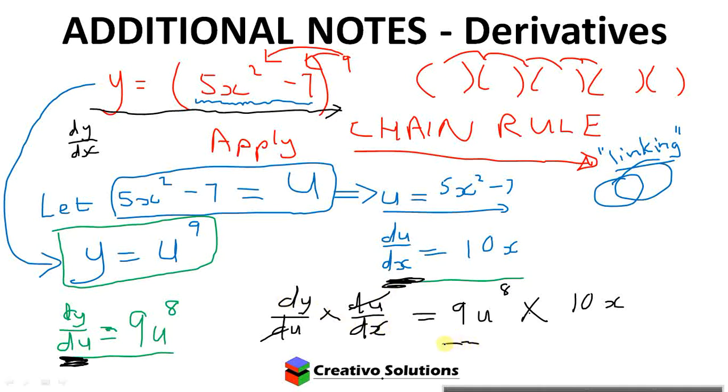So that's going to be 9. What is u? 5x squared minus 7, to the power 8, plus, not plus, times 10x.